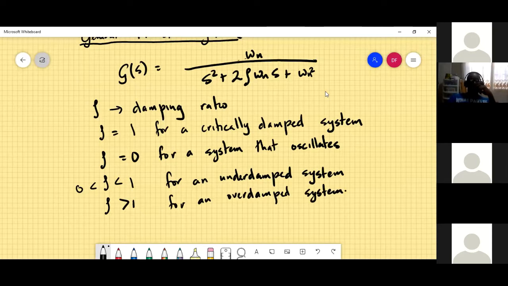Right? So the system damping ratio tells you how much opposition to oscillation you would have. Omega n is the natural frequency of the system.